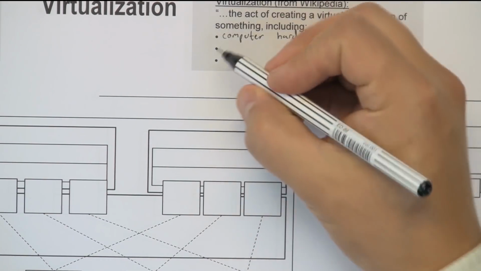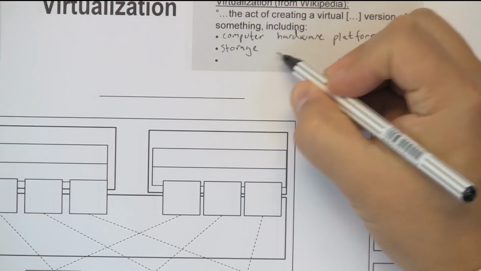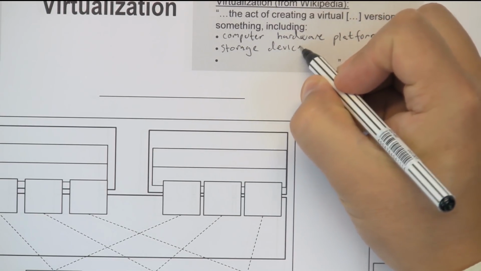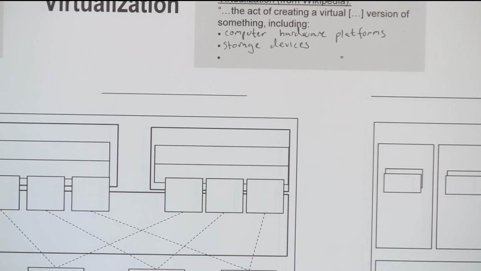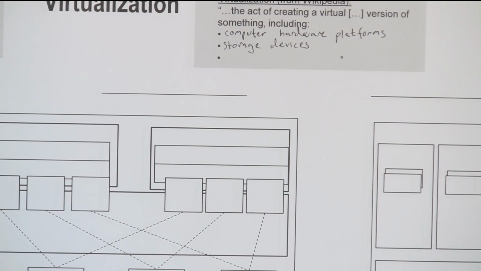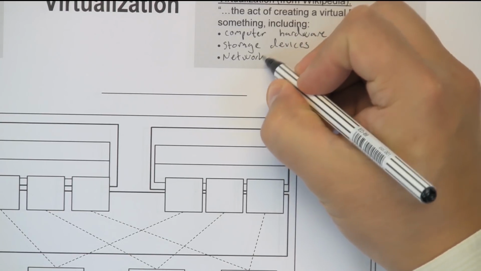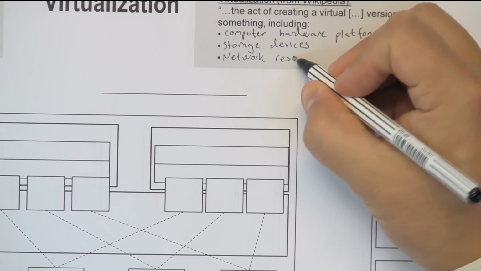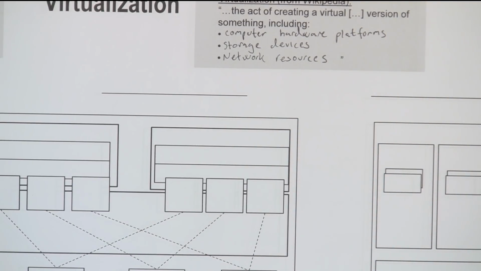Virtual storage devices. Think Dropbox. Final bullet is network resources.